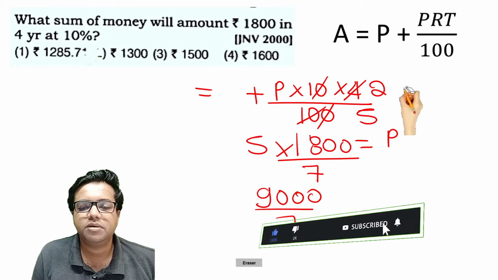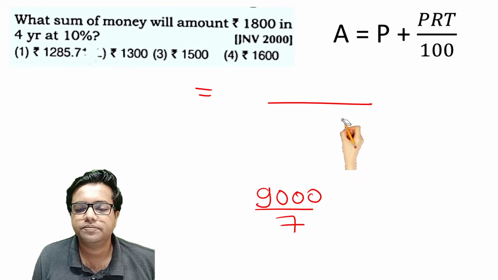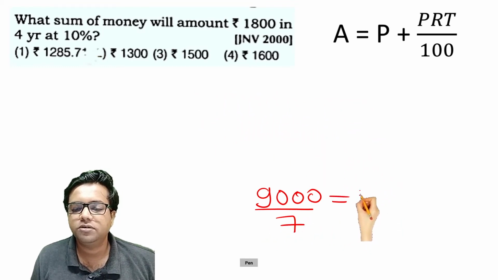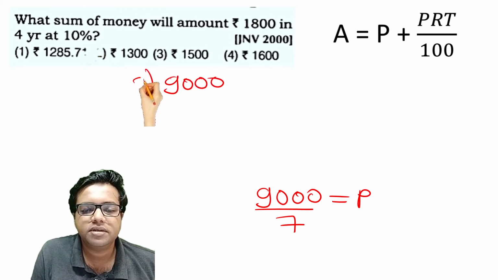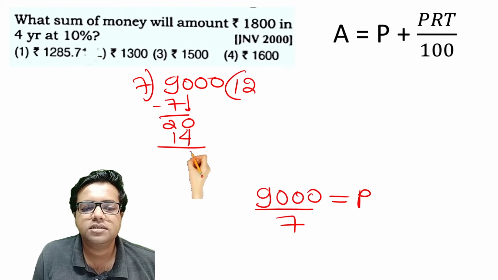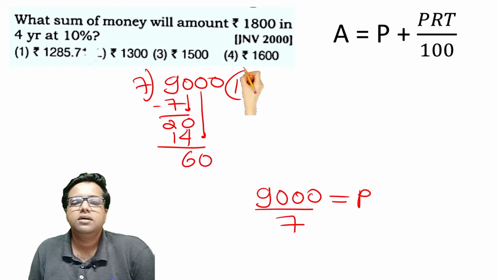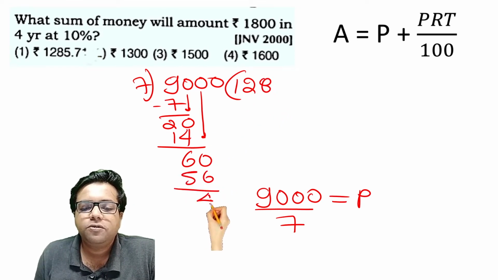This is equal to principal. So 9000 divided by 7, what will I get? 7 ones are 7, 2 remainder, 0 comes down, 7 twos are 14, 6 is the remainder, 0 comes down, 7 eights are 56, 4 is remaining.